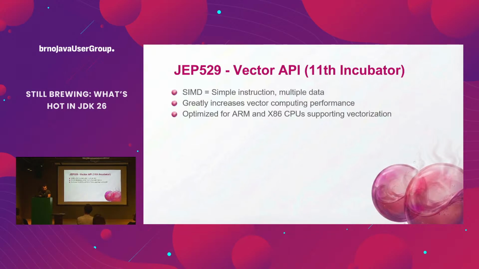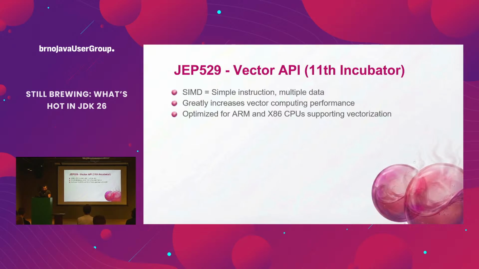For x86 CPUs, you can know this by having flags AVX or AVX2 on the CPU, but basically it should work for any CPU after the year, I don't know, 2016 or so. So if you try it at home, it should be safe, hopefully. And it greatly increases vector computing performance.